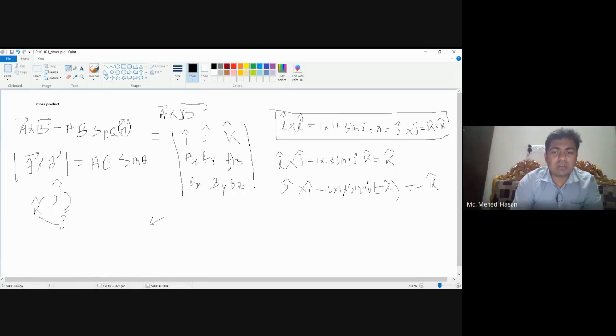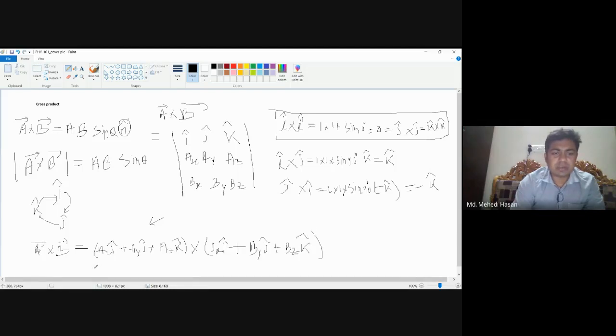You can follow this rule, or you can also follow the normal mathematical rule: a cross b is equal to (ax i plus ay j plus az k) cross (bx i plus by j plus bz k). So this is the normal mathematical rule.